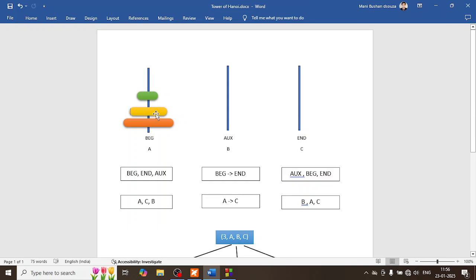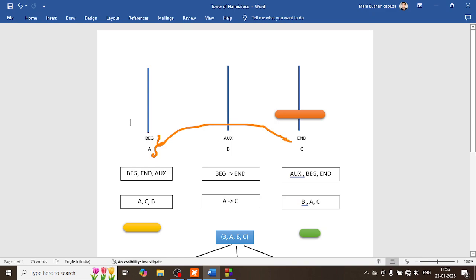For the solution, let's start with the simplest one. Let's assume that we are the luckiest, and there is only one disk on the pole in the beginning, and we are supposed to move it to the end. When there is only one disk, you can simply take this disk and put it onto the other pole, and that is the solution. We solved this problem. In other words, you are directly moving it from A, the beginning, to the end.